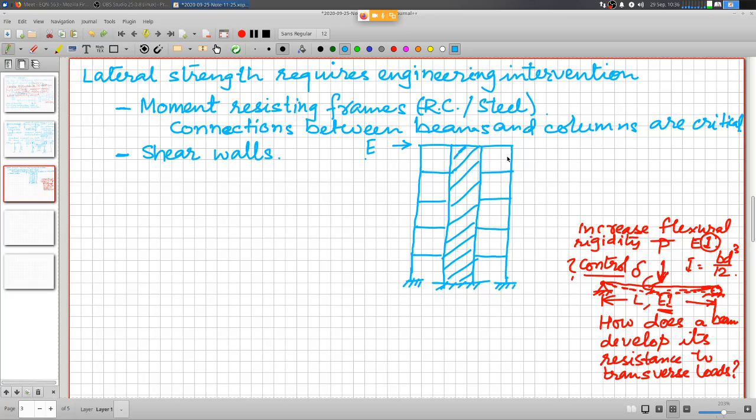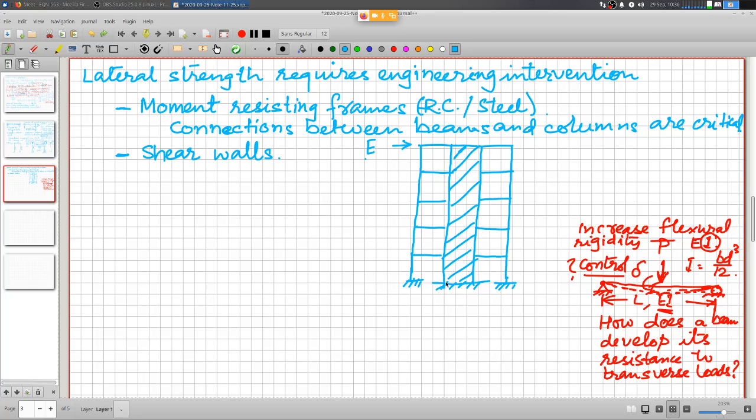This is very conveniently housed by converting the lift core, the elevator core, into reinforced concrete walls, and that can be integrated, so both functional requirements and structural requirements can be met to a great deal, right?